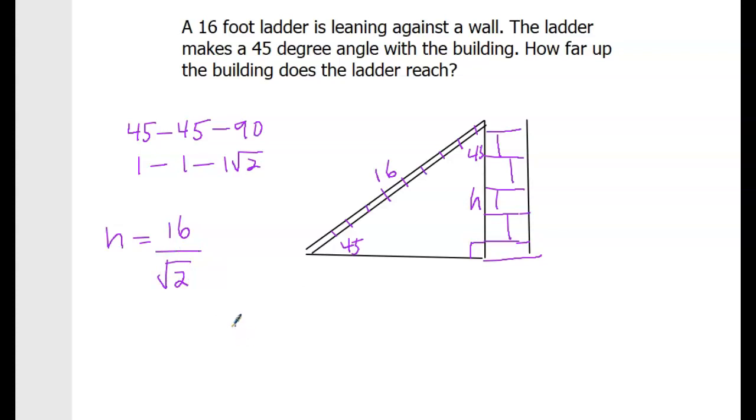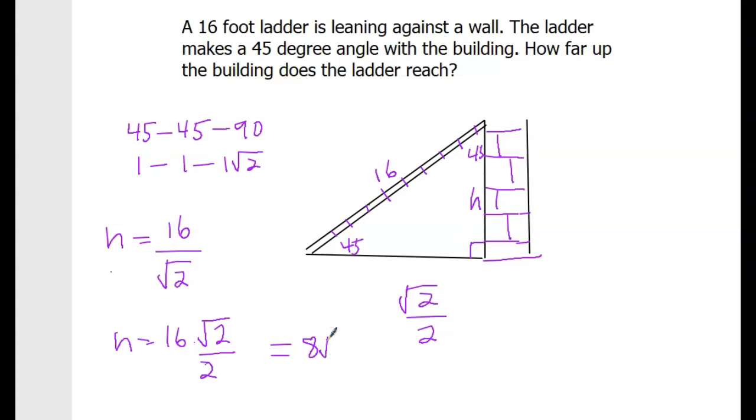And we have to rationalize it, and we have already done that. If you want the easy way, when we rationalize it, we are just going to get square root of 2 over 2. So we are just multiplying the 16 times this. So when we rationalize it, that's what we get.